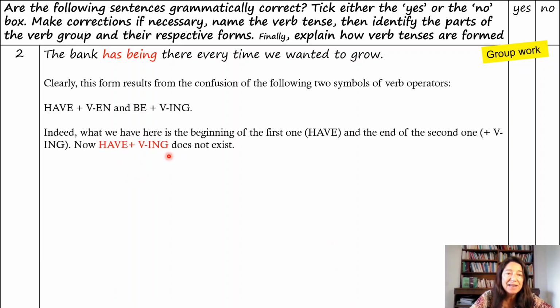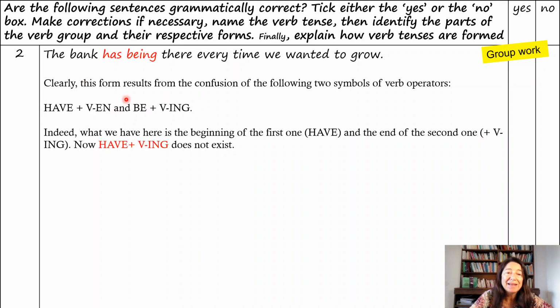Does that exist? Well, no, it does not. And instead, what does exist, and that we have already seen, is have plus, do you remember, the past participle, and the symbol of the past participle is VEN. So have plus VEN would work here.